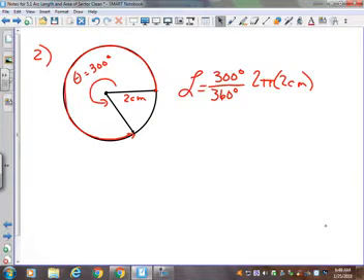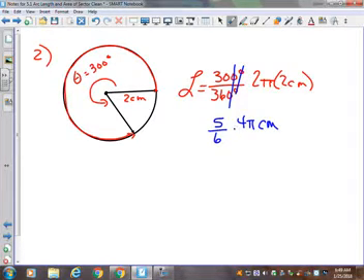Okay, so now that you have come back, let's look at what you did and see if you did it like this. So first you're going to reduce by marking out your degree marks and marking out your zeros, and 30 over 36 both reduces by 6, so that's 5 over 6. And over here, if you multiply that together, that's 4 pi times centimeters.